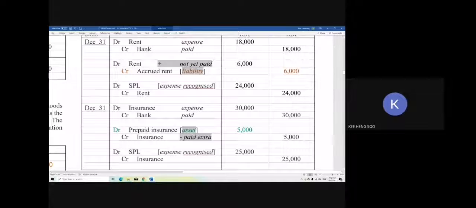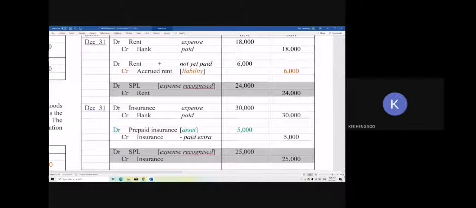So at the end of the year, this is called fair. To be fair, even though you pay rent 18, it should be 24. Insurance you pay 30, it should be 25 only. So this is called recognition. To be fair, these are the expenses incurred.